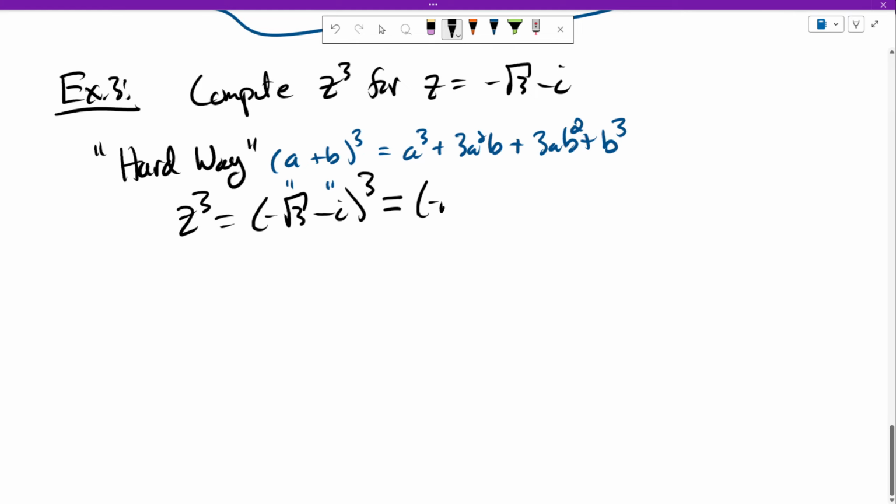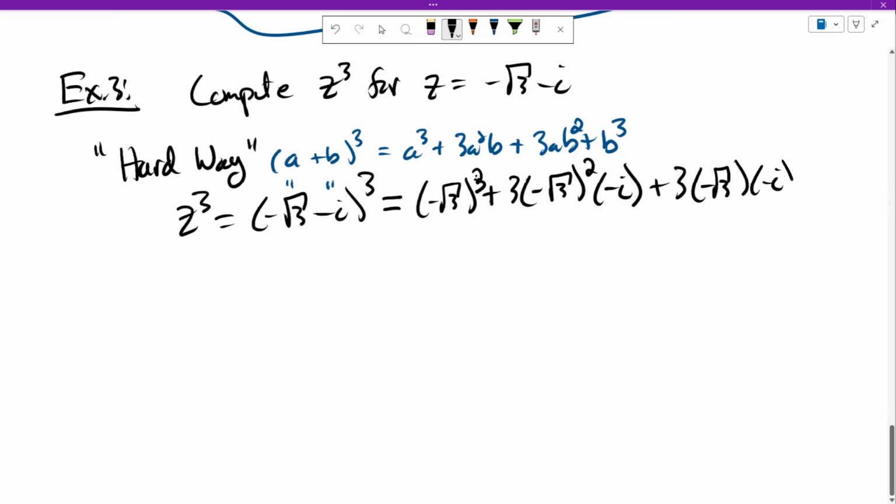So our a cubed will be negative root 3 cubed, and then 3 times negative root 3 squared times b, where b is negative i, plus 3 times negative root 3 times negative i squared, and then plus b, negative i cubed.